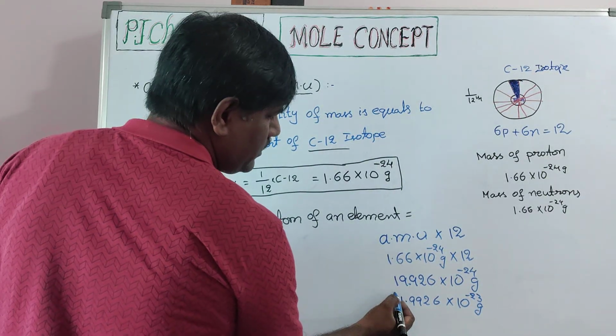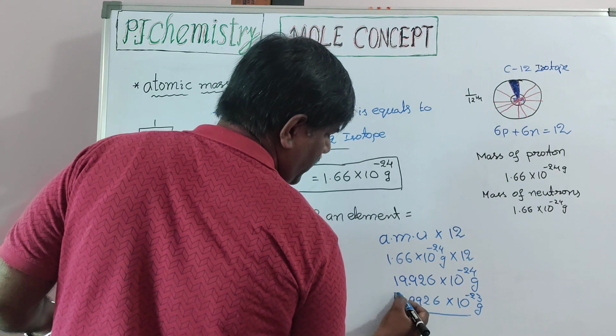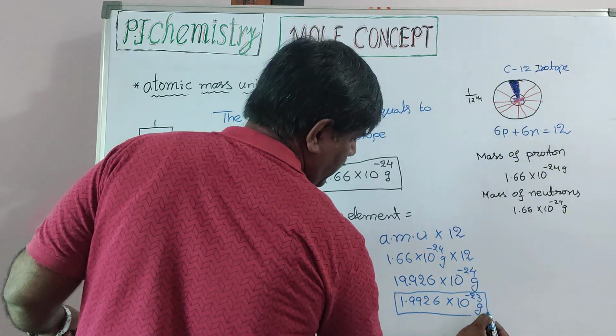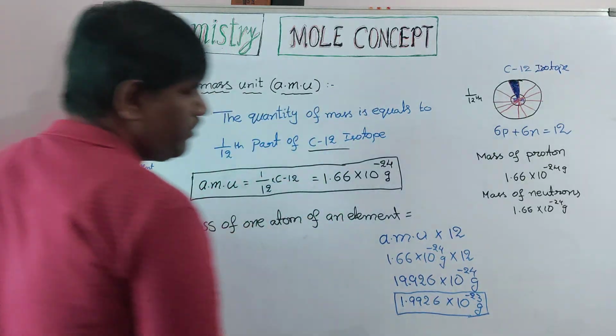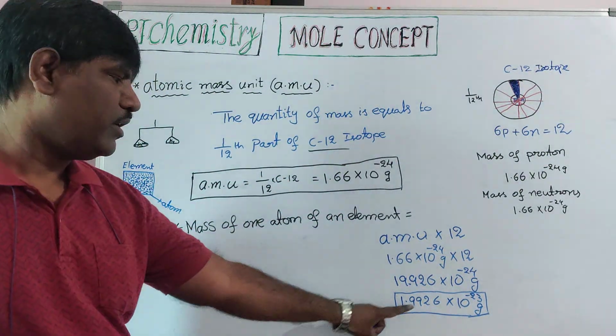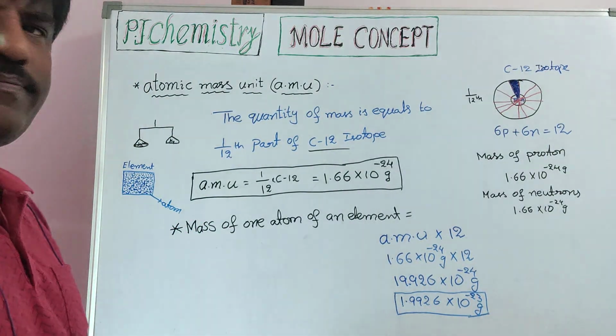This is the mass of one atom of an element. Which element? Carbon. Mass of one atom of carbon is 1.9926 into 10 to the power of minus 23.